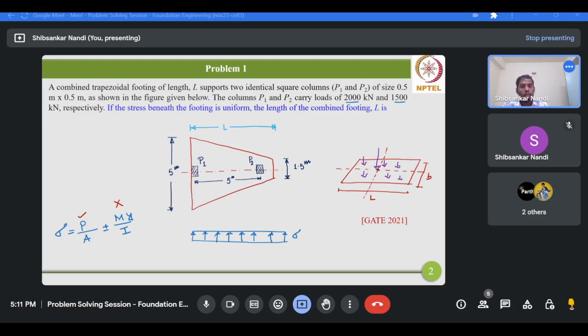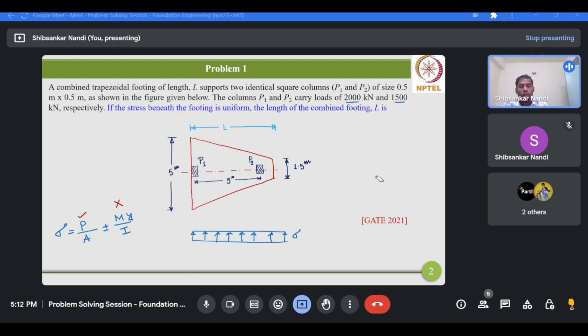That means the resultant of the series of loads should pass through the CG of the cross section of this footing. The similar strategy you can also apply in this case as well.